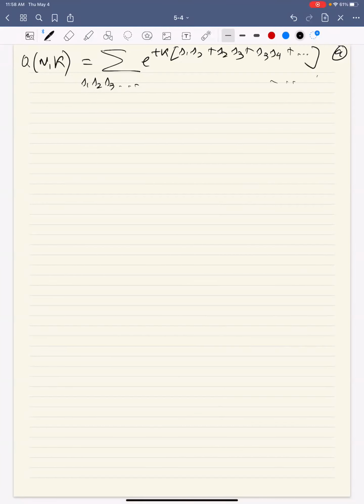And that was equation number 4. And equation number 5 is Q of N, k. Now we have summation only over S1, S3, S5, S7. We have gotten rid of S2, S4, S6.